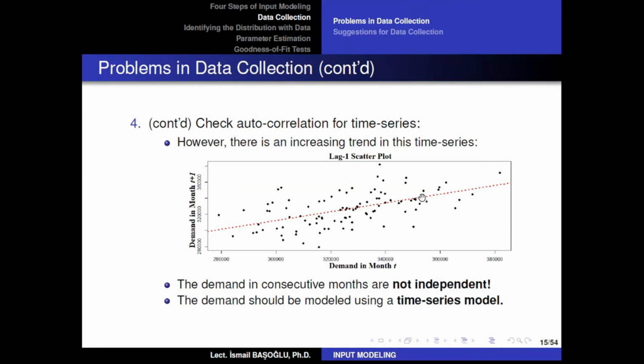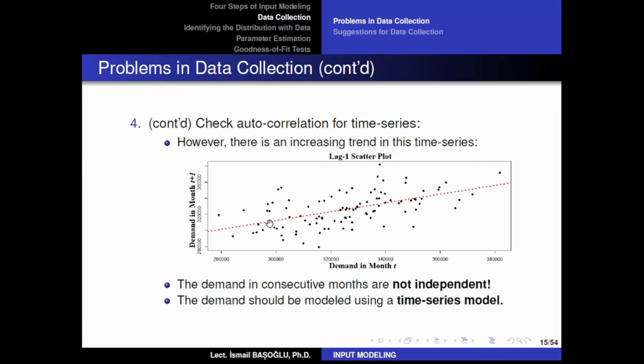Instead, we have a trend line here like this dashed red line, and the plot is distributed symmetrically around this increasing trend. This shows that the demands in consecutive months are not independent. It means the demand in the next month seems to be dependent on the demand in the previous month, because there is an increasing trend in this time series.